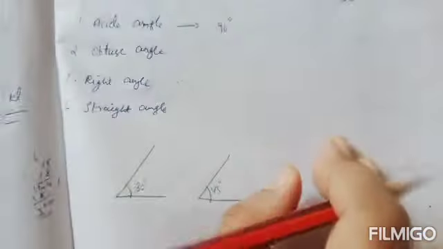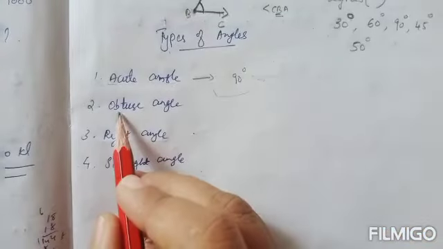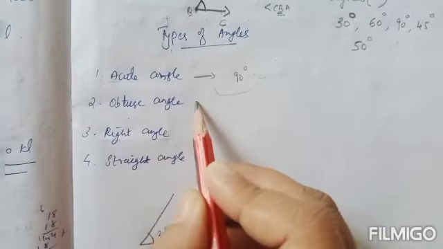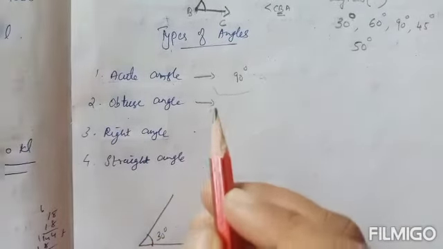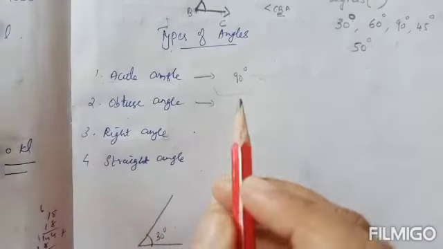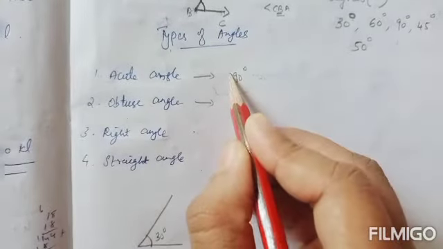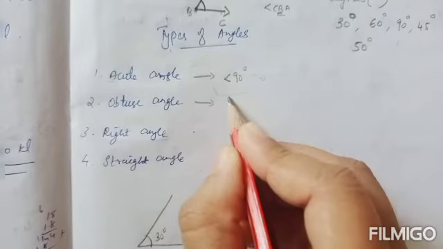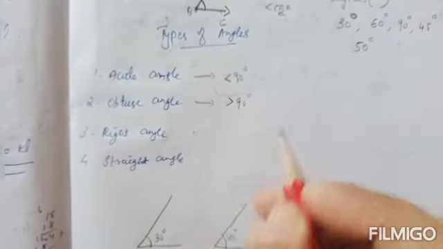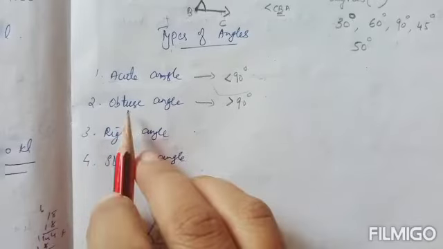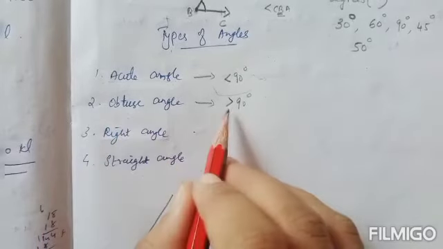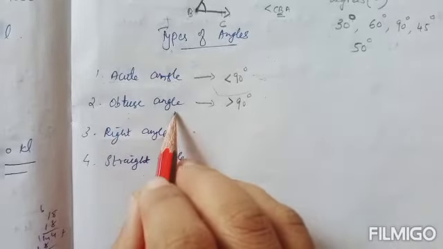Next, second one, obtuse angle. This is less than 90 degree. This is greater than 90 degree. If the measurement of angle is greater than 90 degree, it is called obtuse angle.